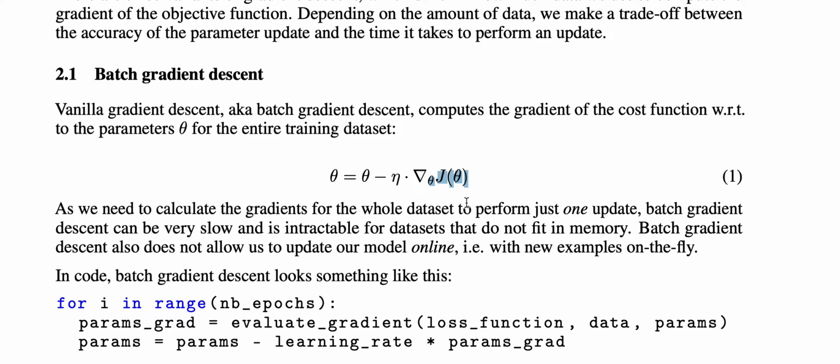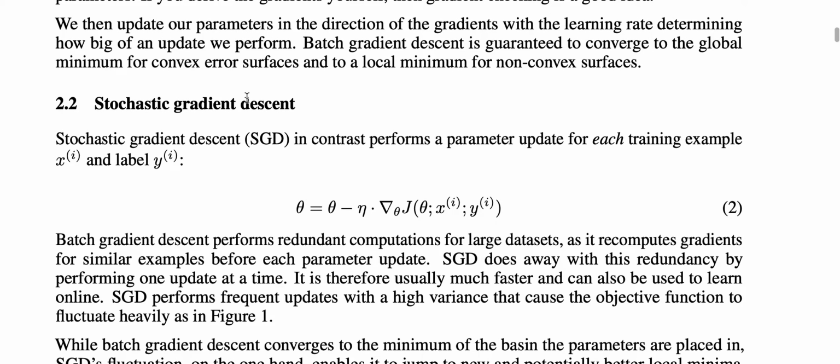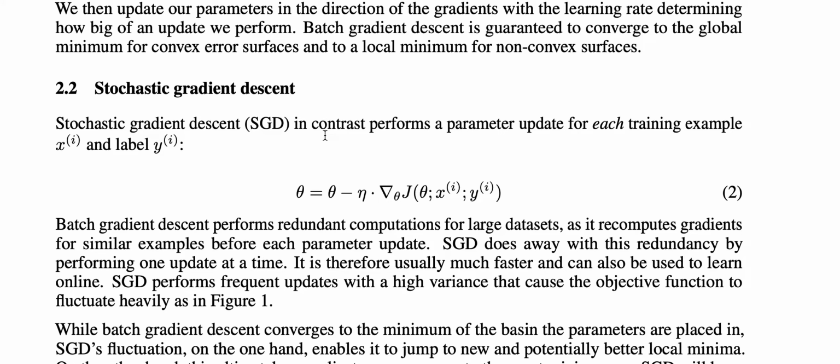Okay. Now here's a problem. We have to use all the data, and all the data might be too big for us, and therefore people have come up with stochastic gradient descent that instead of using all the data to construct the gradient, it uses one data point or a small number of data points at a time.